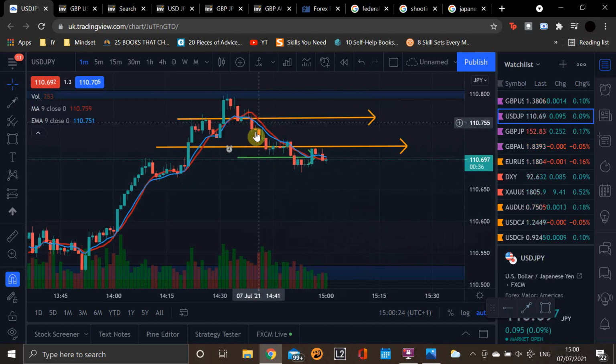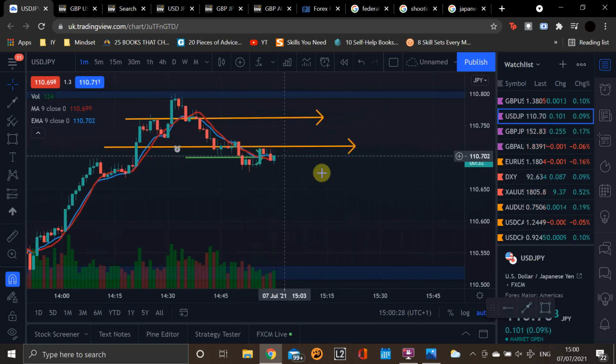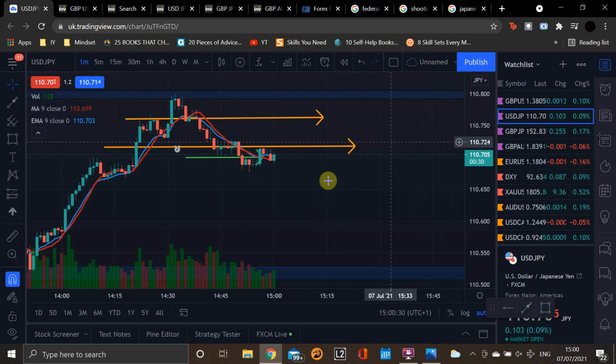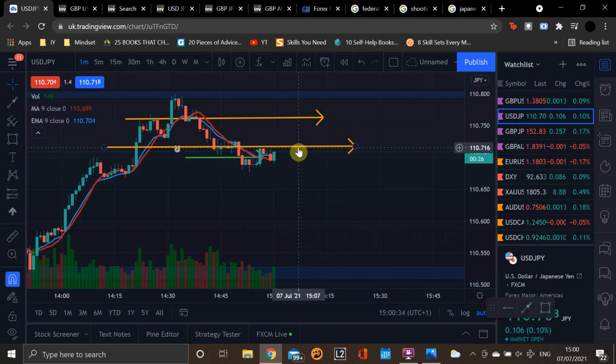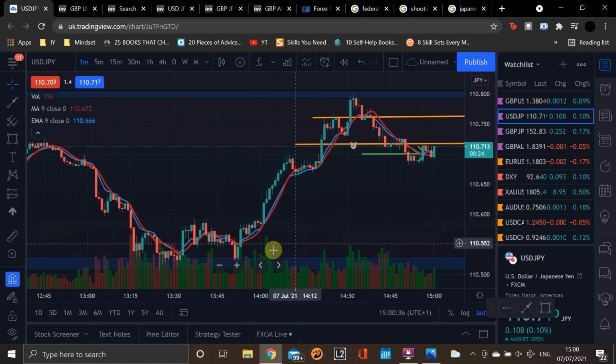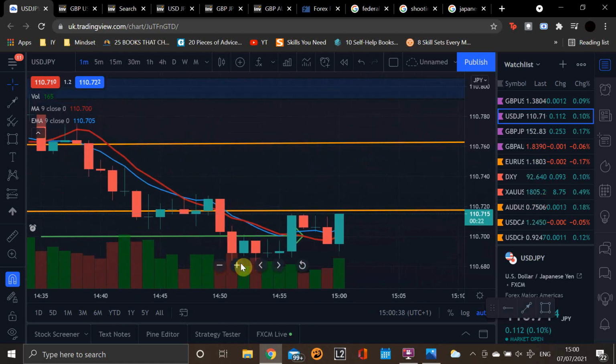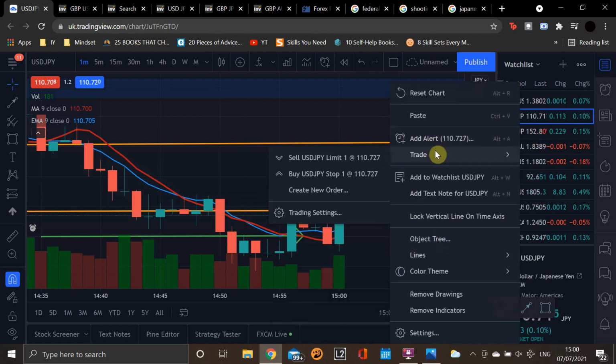Got lots of dojis as it's going down. You know, I could see this reversing. Definitely, I might see it reversing actually. But there we go. That's what we're looking for, right? Yeah, I'll get in again.